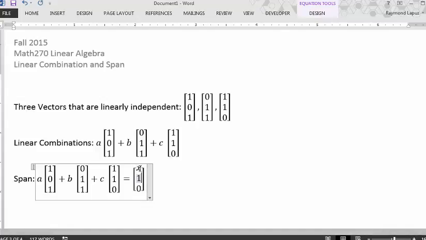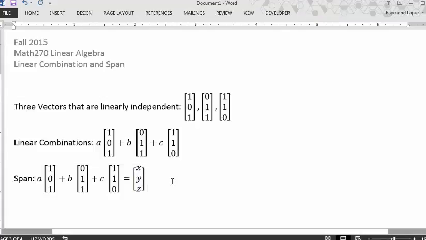So again, we can call that x, y, and z and ask ourselves, what kind of x, y, and z values are we going to get? Well, let me copy this.